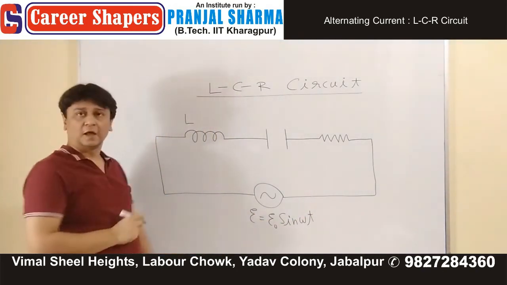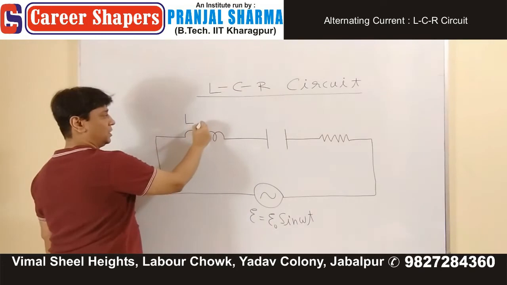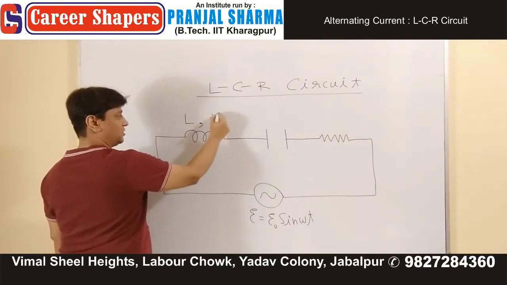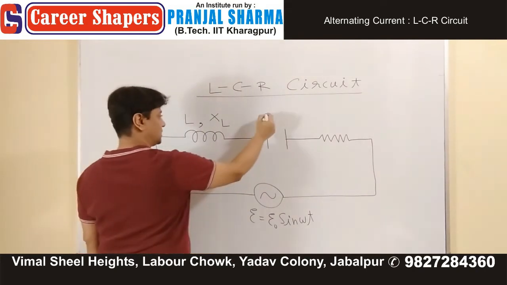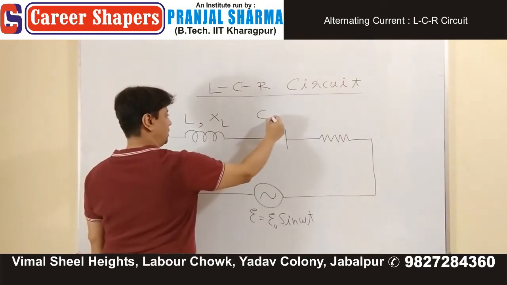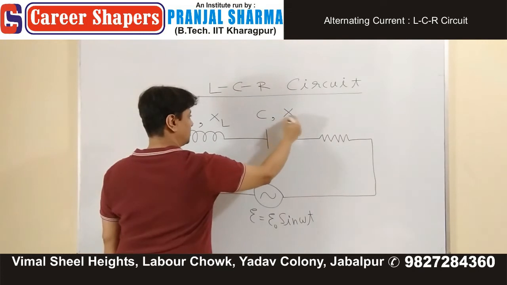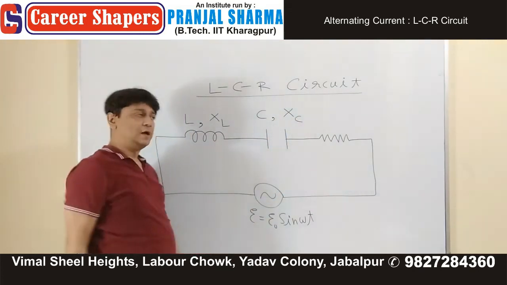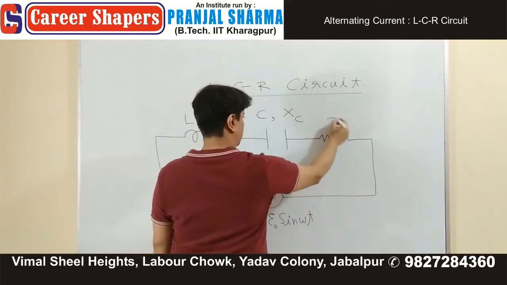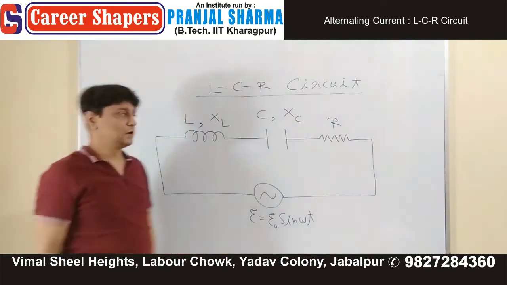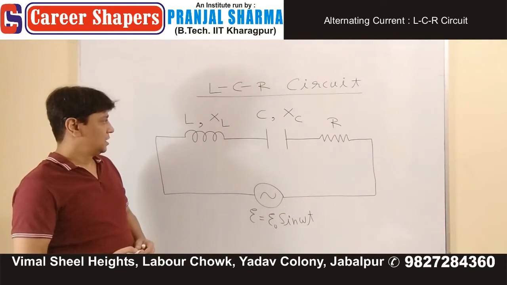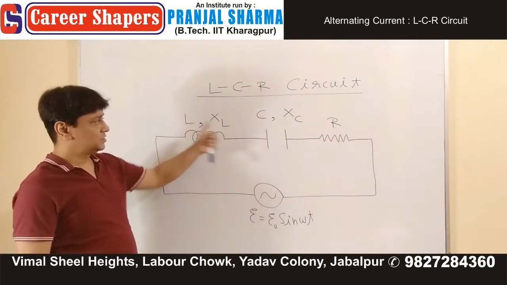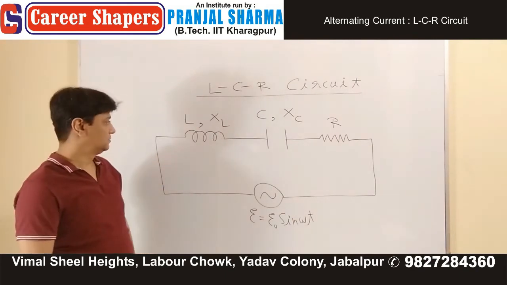Inductor L, it will offer a resistance of XL. Remember this. Capacitor C, and it will offer a resistance of XC. A resistor R, and you know that it will offer a resistance R only. So this is L, this is C, this is R.